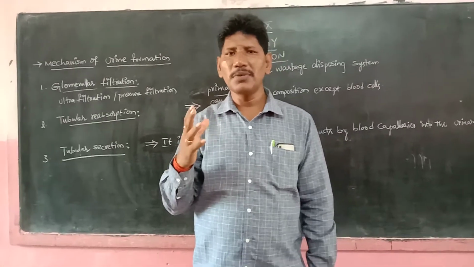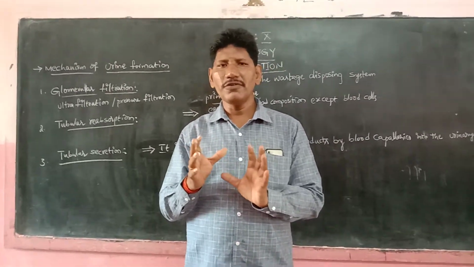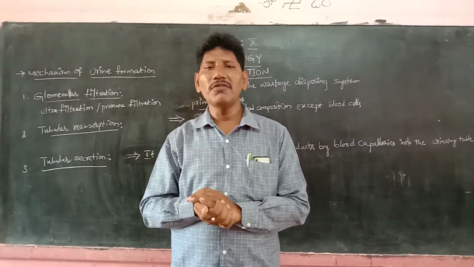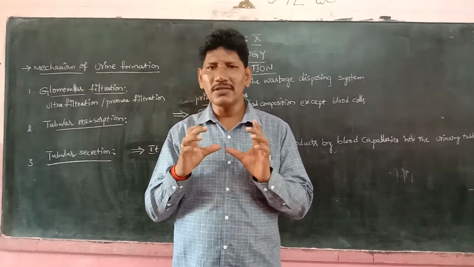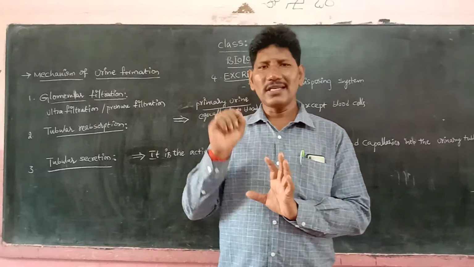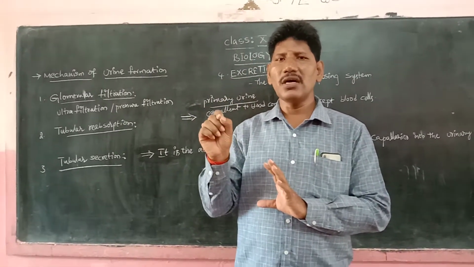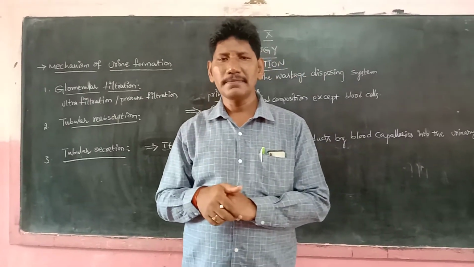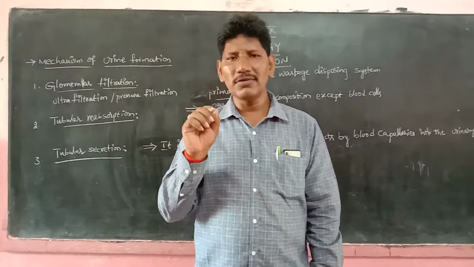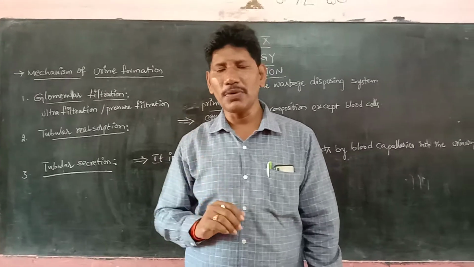The word Malpighian refers to excretion. Malpighian tubules are the excretory organs in earthworms, that is, annelids.